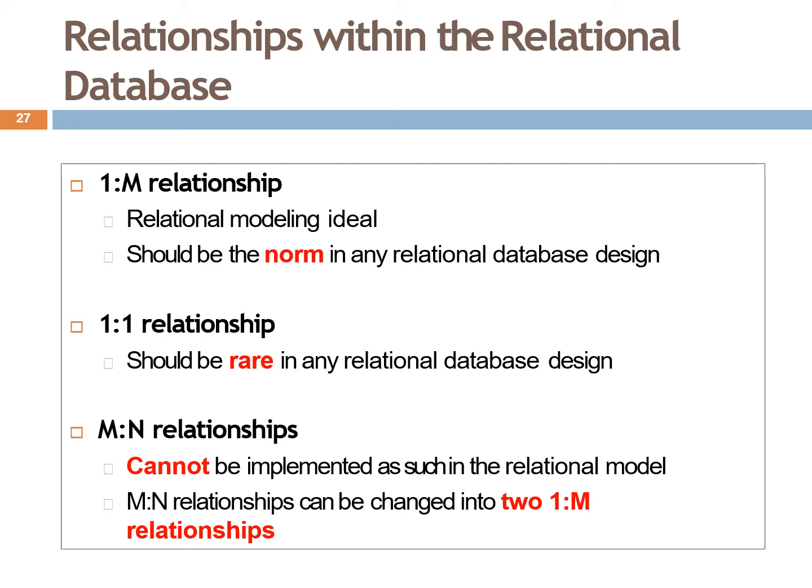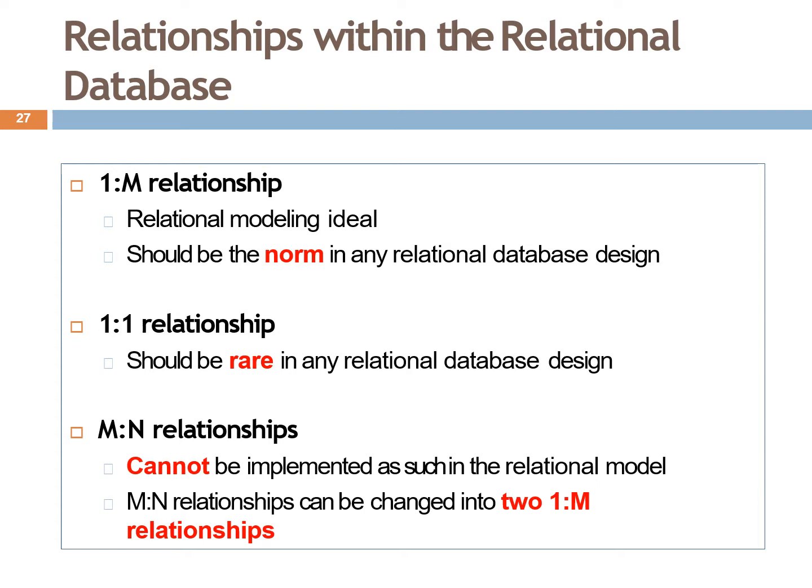Okay, now let us look at relationship within the relational database. So first of all, we have looked at the most important element in a relational database, which is a table, and then we have seen the two most important keys in a relational database, which are primary key and also foreign key.